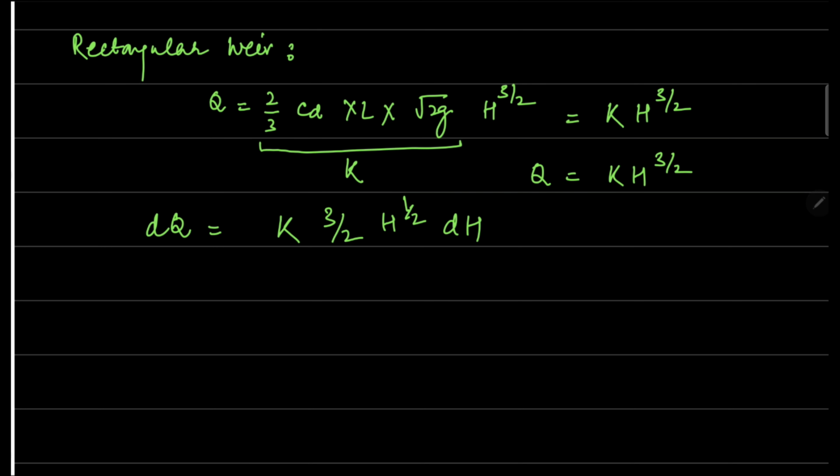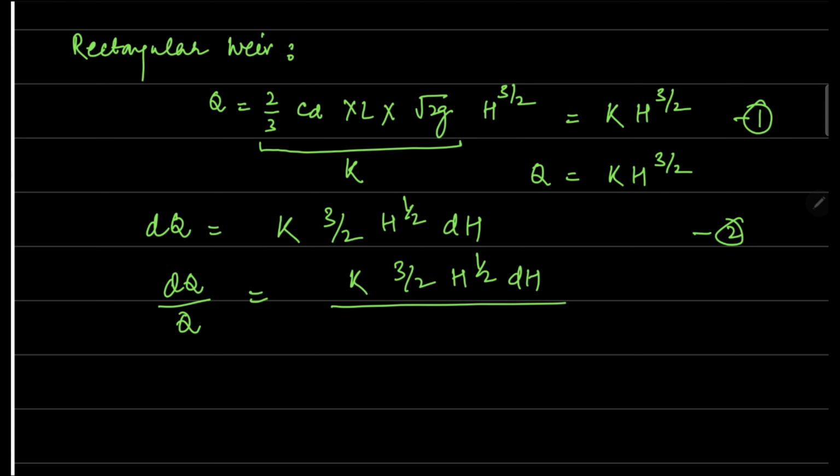Now if we divide equation 2 by equation 1, we can write dQ divided by Q is equal to k times 3 by 2 h raised to the power 1 by 2 dh divided by k h raised to the power 3 by 2.